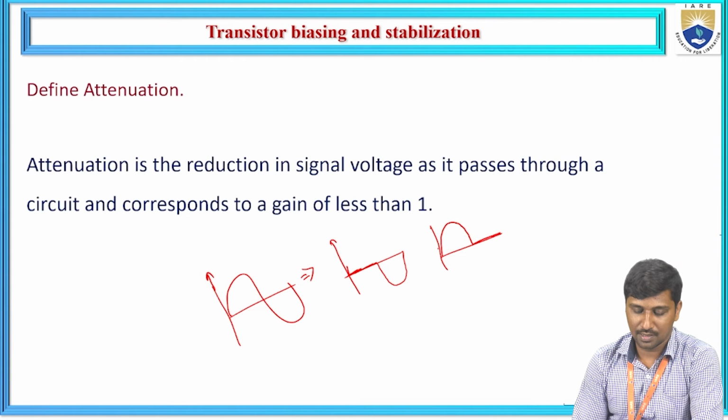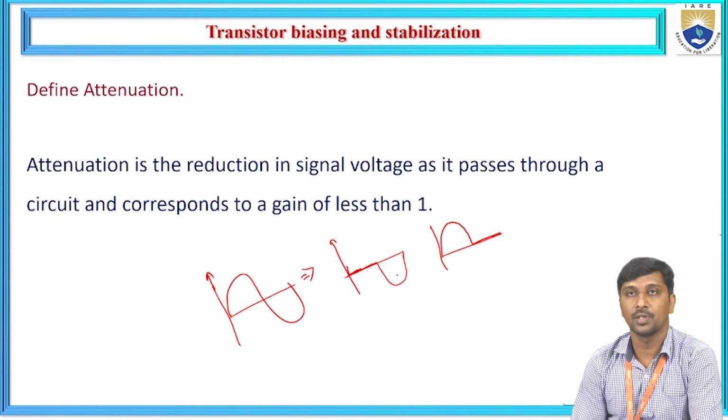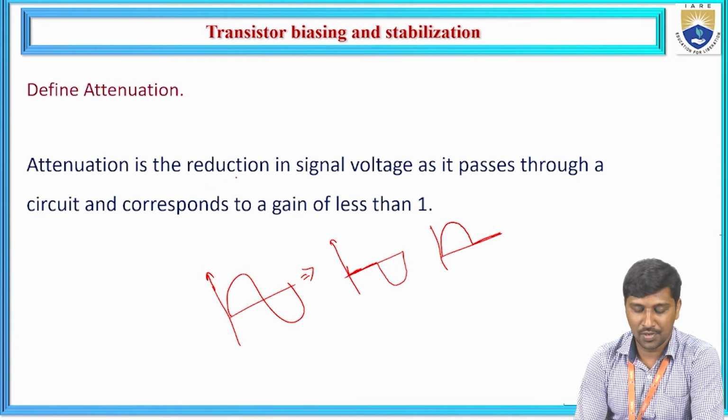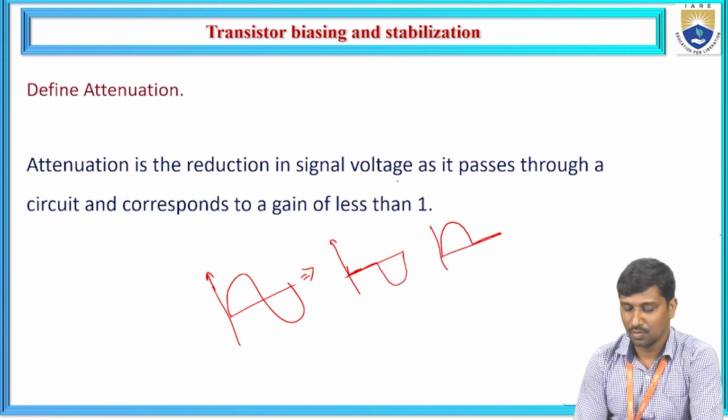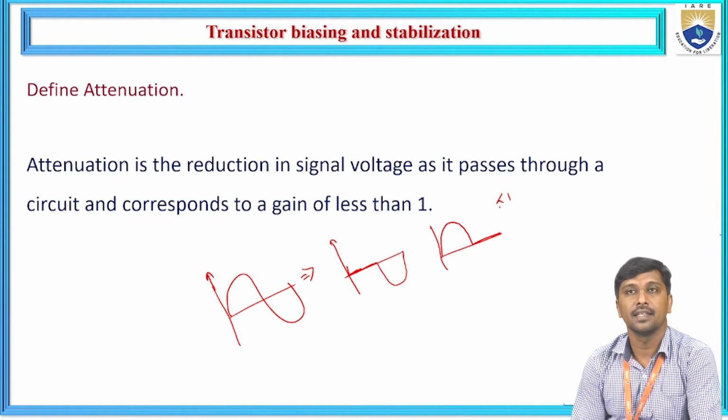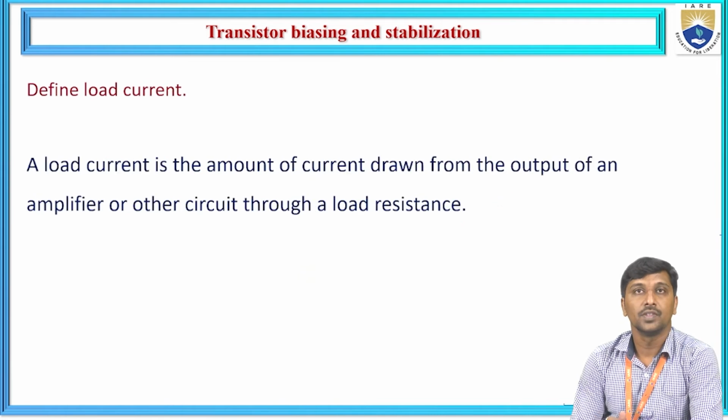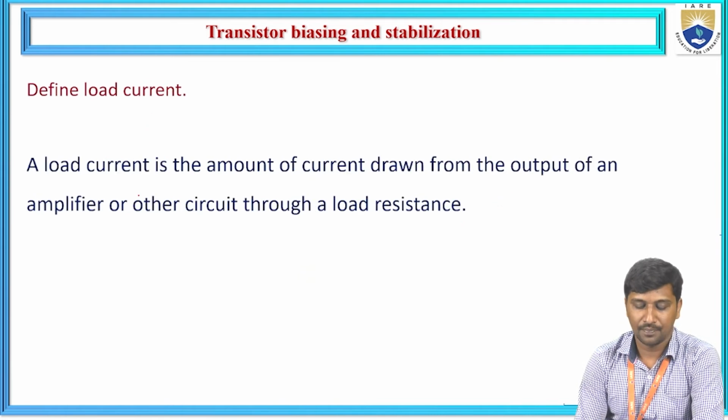In that case, we get a reduction of the signal voltage. Hence attenuation is the reduction in signal voltage as it passes through a circuit, and corresponds to a gain of less than 1, meaning the gain should always be less than 1.